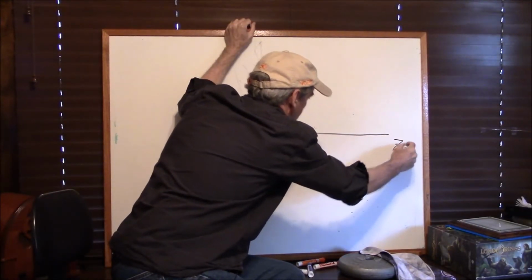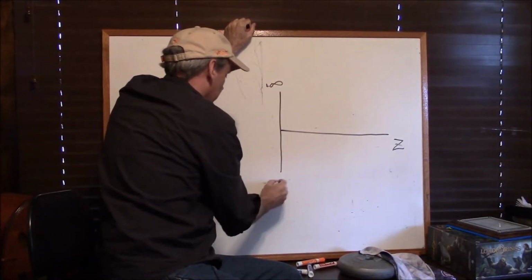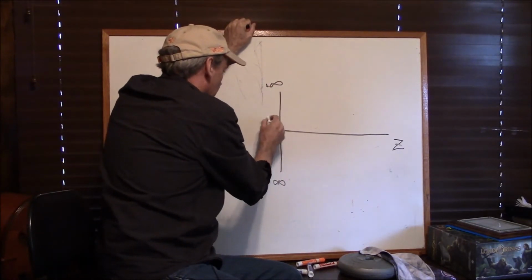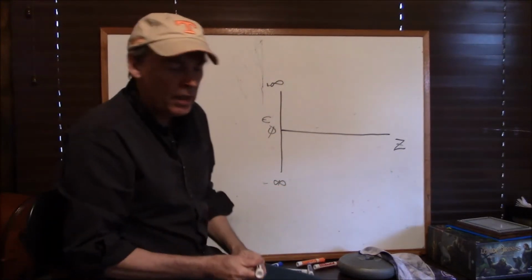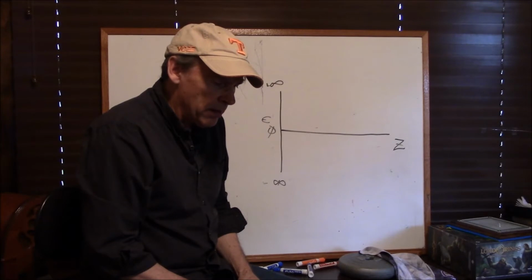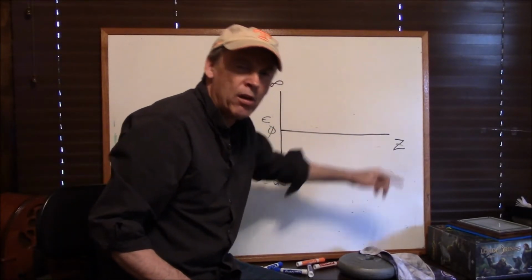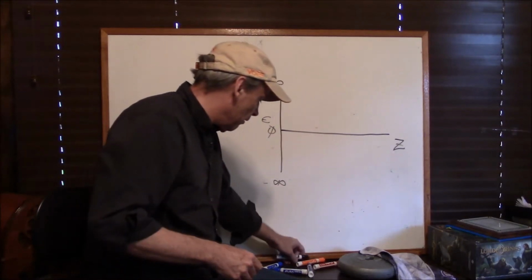I'm going to write the letter Z there and explain that in a minute. All right, here's your error terms. In this instance, they are related because of some proportionality factor called Z. It's going to take a minute to get around to what that means.